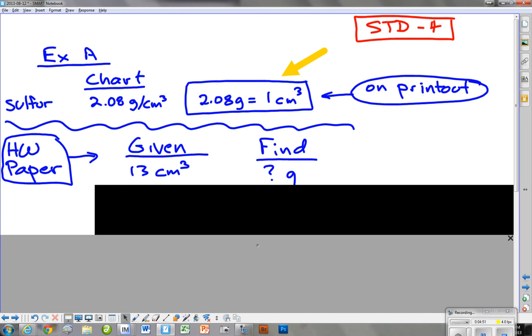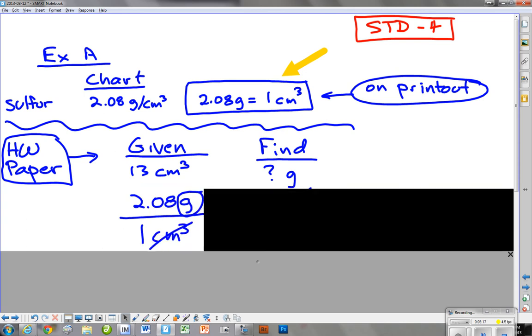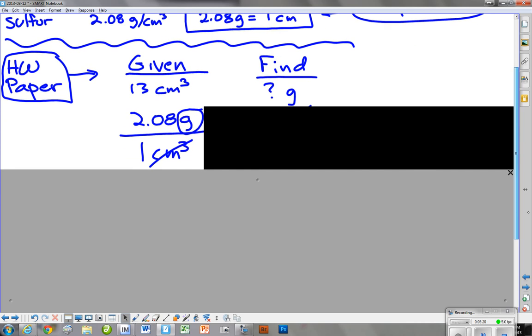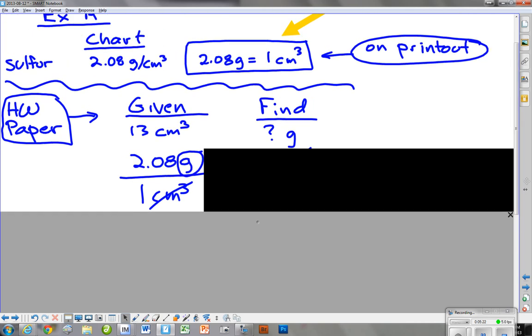Now comes the first fraction, and that goes to Angelo. Hey, Angelo, what is the first fraction going to look like? So 2.08 grams per cubic centimeter over 13. Over what? This is this ratio.